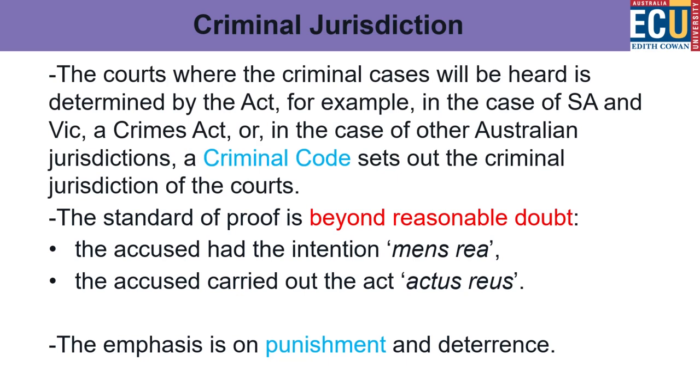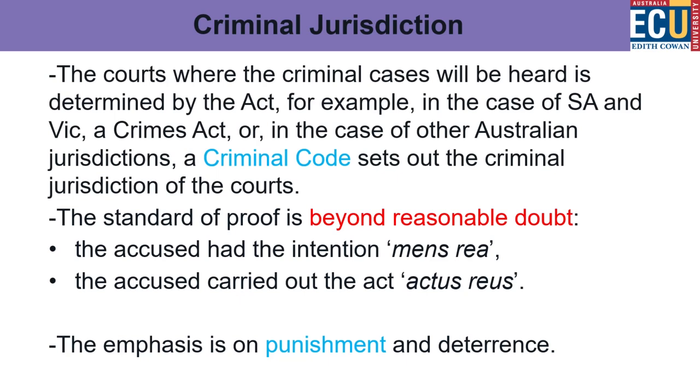If the case cannot be proved beyond reasonable doubt, if there is some doubt, then the court will not punish the accused person. They will grant acquittal from that claim that he was a criminal.